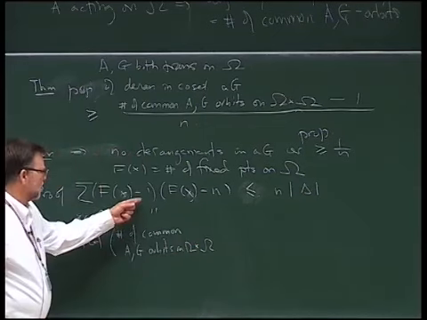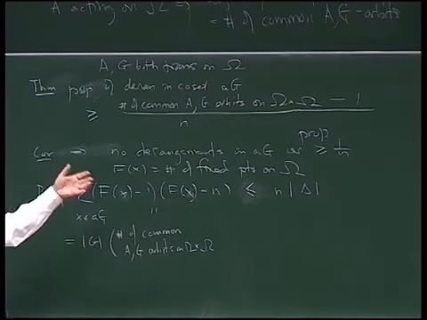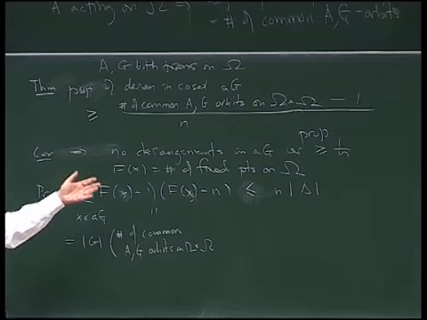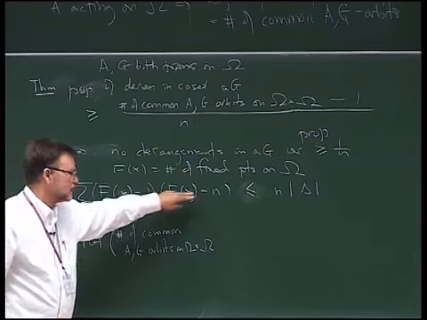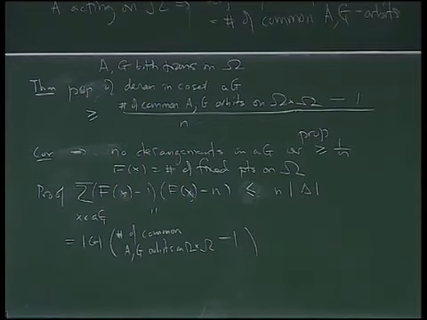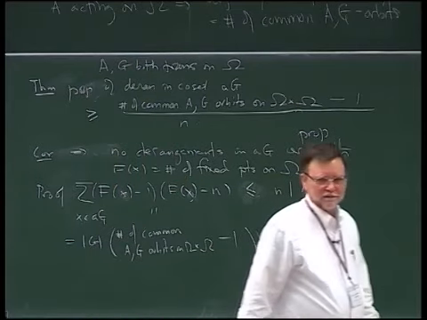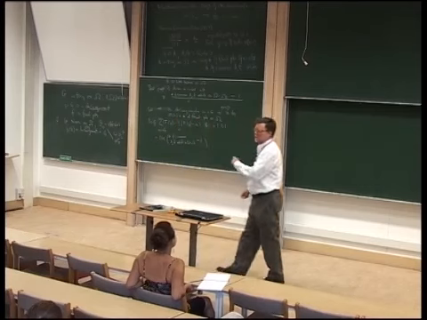And then we have minus n plus 1 times f, but by that same lemma, that's the number of common orbits on omega. Well, that's 1. So that's minus n plus 1 plus n, so minus 1. And that's the proof.